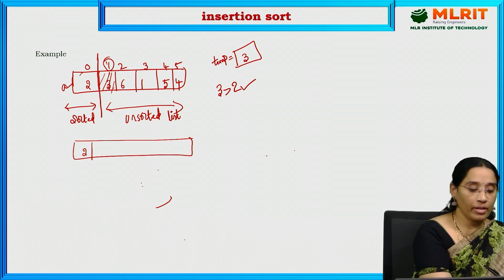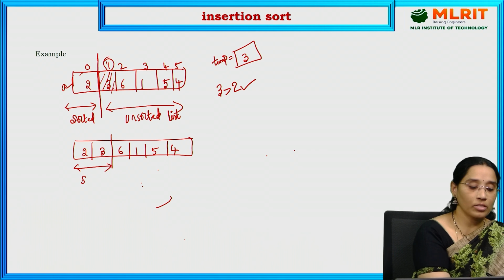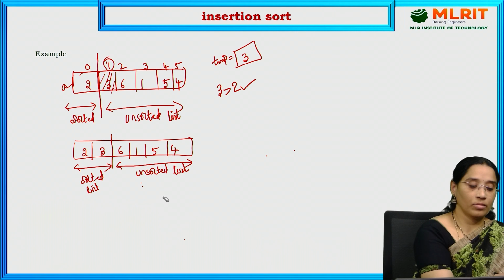We'll just write it as it is: 6, 1, 5 and 4. Now this is your sorted list and that one is your unsorted list.